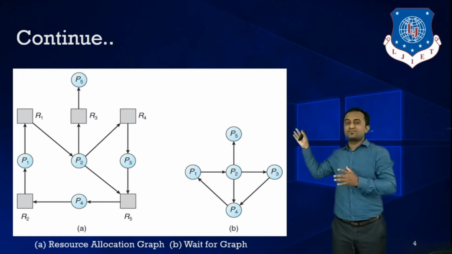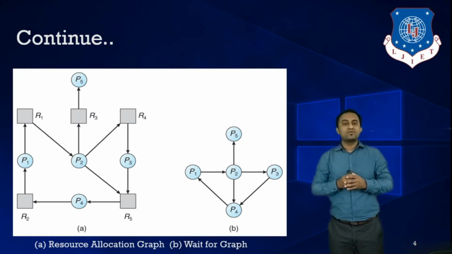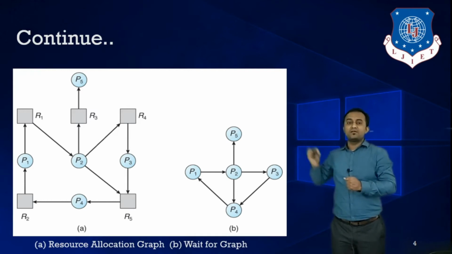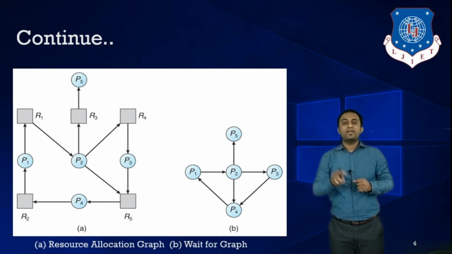As far as this figure A is concerned, as I told you, there are four components of the resource allocation graph. One is the set of processes, enclosed with the help of a circle. There is the set of resources, enclosed with the help of a rectangle, and there are two types of edges.